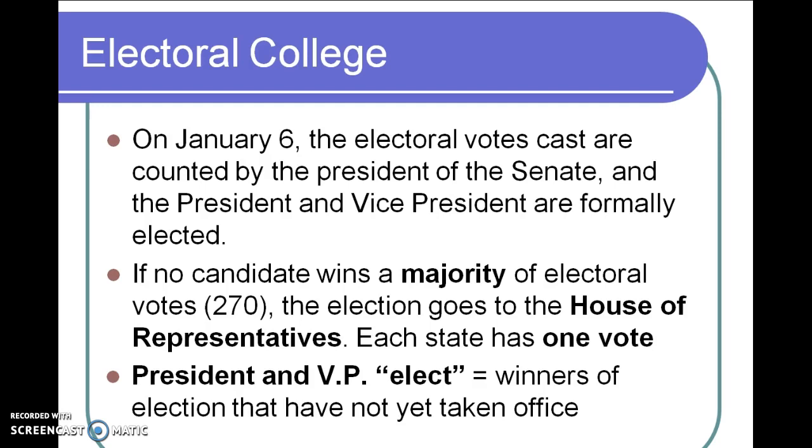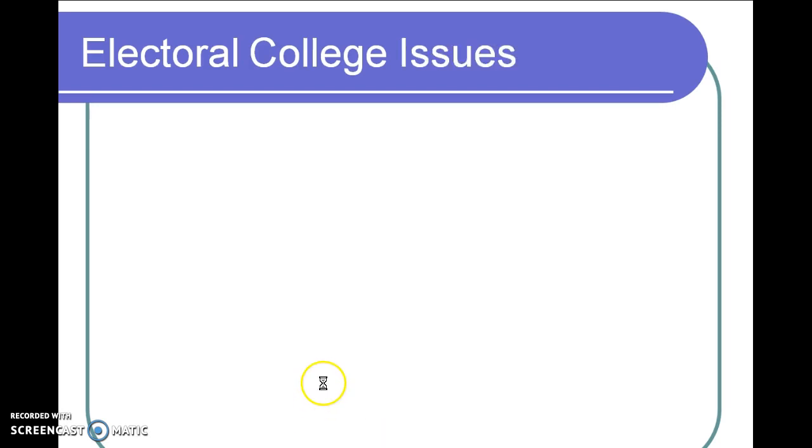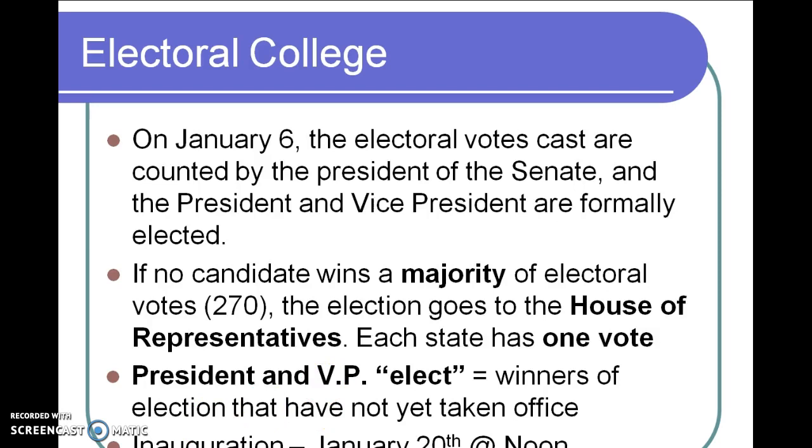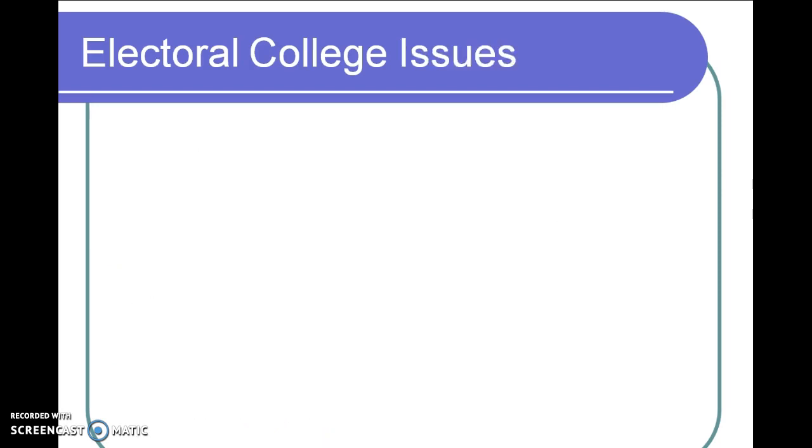So Barack Obama will be a lame duck at the same time that, say, Hillary Clinton or Donald Trump or Mike Huckabee or whomever wins the election in November will be the president-elect and the vice president-elect. My screen doesn't show that very well, but inauguration is always January 20th at noon. It's when they transfer power.